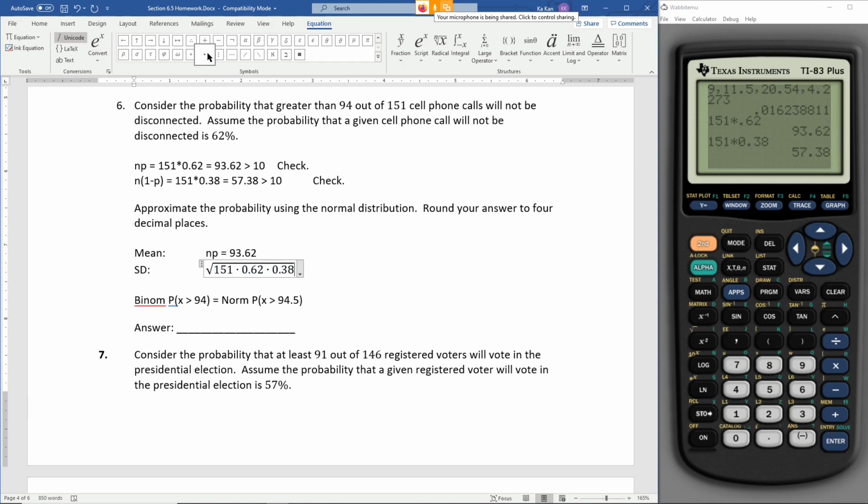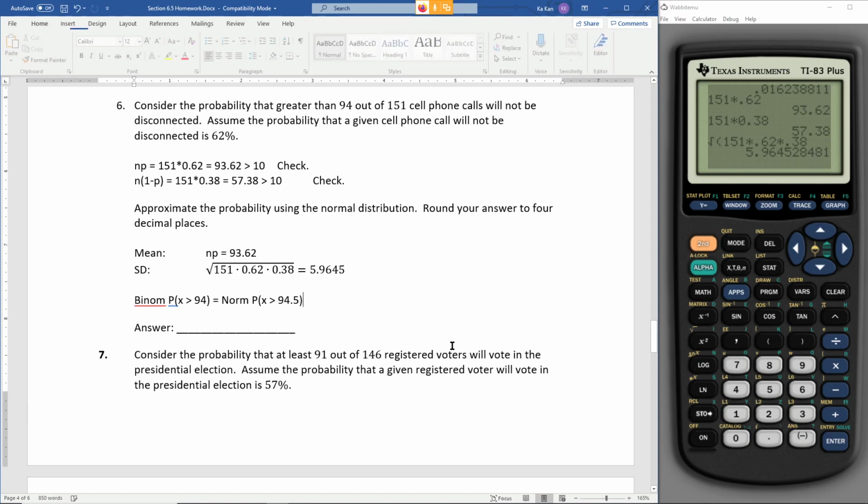So let's see what that equals to. I have 5.9645.